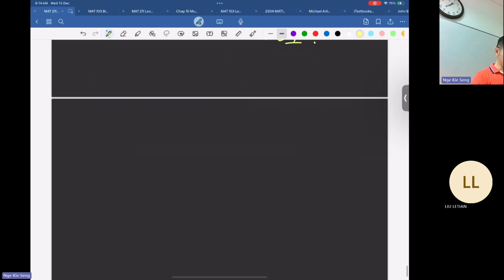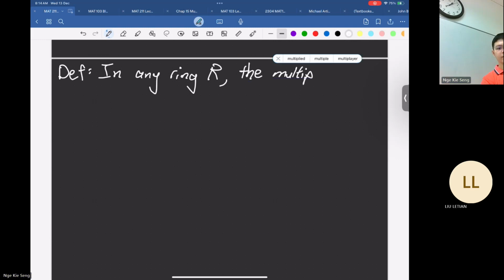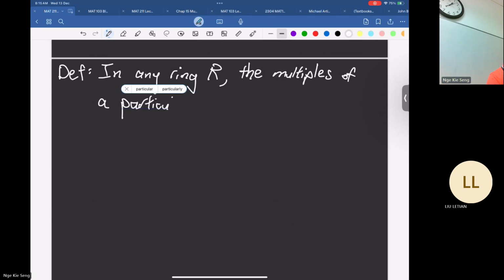All right, so we'll give a specific definition here. In any ring R, the multiples of an element a form an ideal.